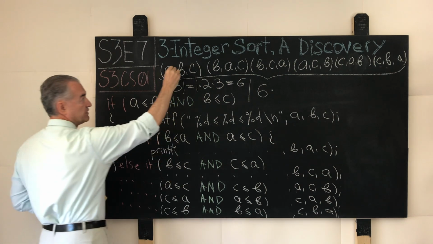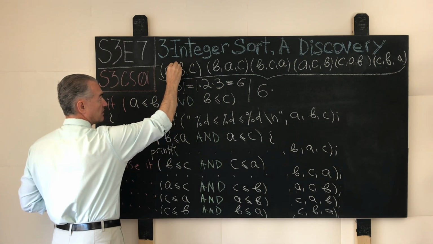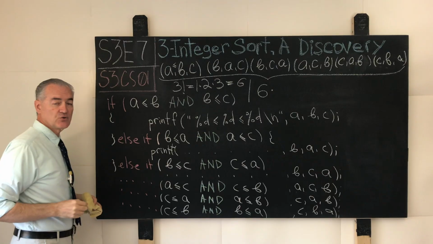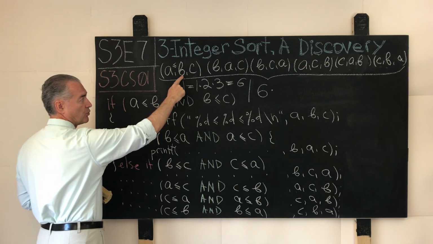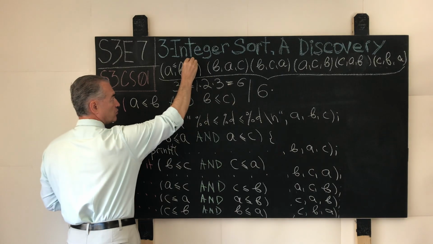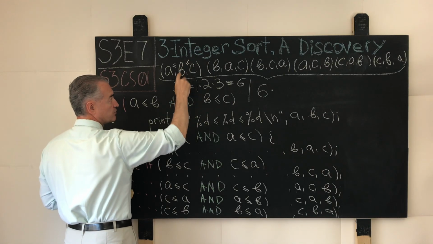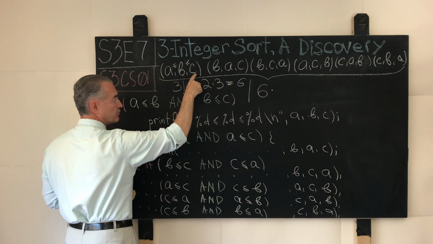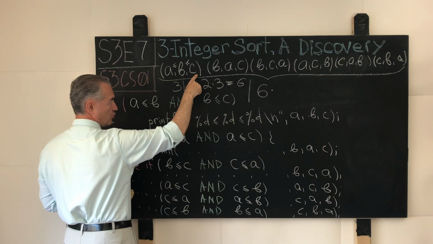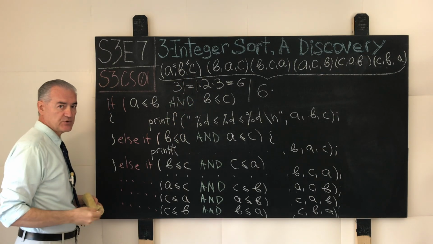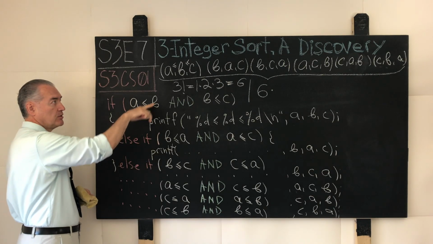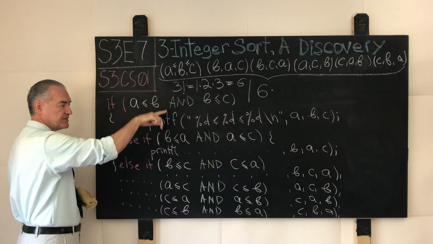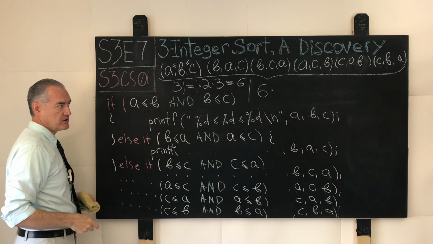Well, we execute one test when we compare the leftmost component of the triplet with the middle component, and then we carry out another test when we compare the middle component to the rightmost or the last component in the triplet. So we carry out two tests per permutation in this incarnation of the sorting algorithm.